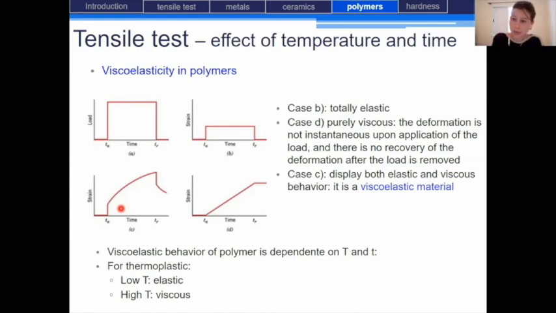At low temperature, we will have the behavior of a more elastic material, whereas at high temperature, specifically above either the melting temperature or the Tg of amorphous thermoplastic polymers, it will become viscous.